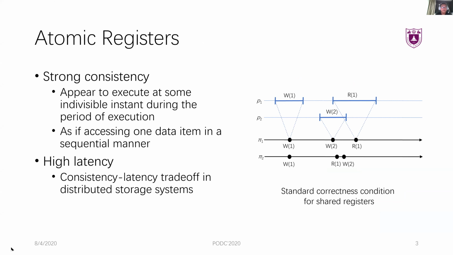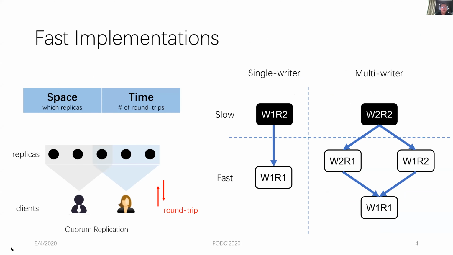It allows concurrent processes to access logically the same data as if they were accessing one data item in a sequential manner. When programming over distributed data replicas, client-server systems are widely used to model the interaction between the clients and the data replicas. In these systems, the data access latency is mainly decided by the number of round trips of communications.